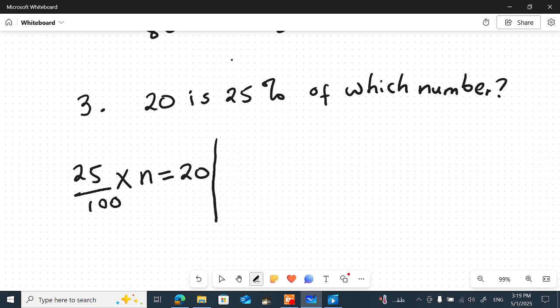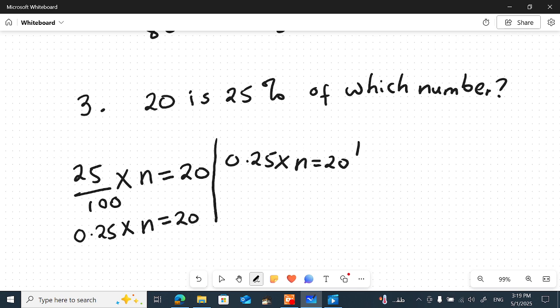Then 25 divided by 100 gives you 0.25, times n equals 20. Then you divide both sides by the number next to the unknown, which in this case is 0.25. So divide both left and right by 0.25. Here 20 divided by 0.25 gives you 80.